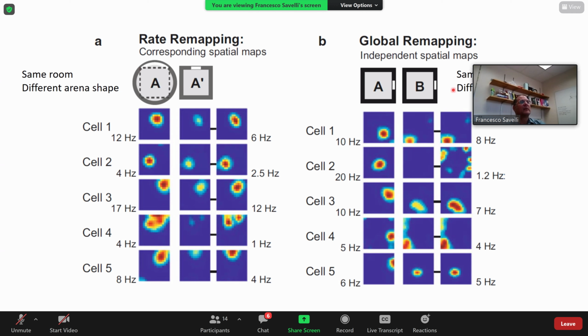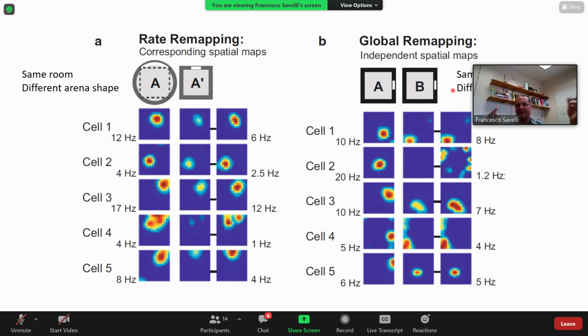And in this other experiment, they used the same arena, so the same box, but in different rooms. And when I say different rooms, you kind of know what I mean, right? Because we went through all those lectures showing visual cues. So they're very different. Maybe one has certain kind of wall cues, another has different wall cues.